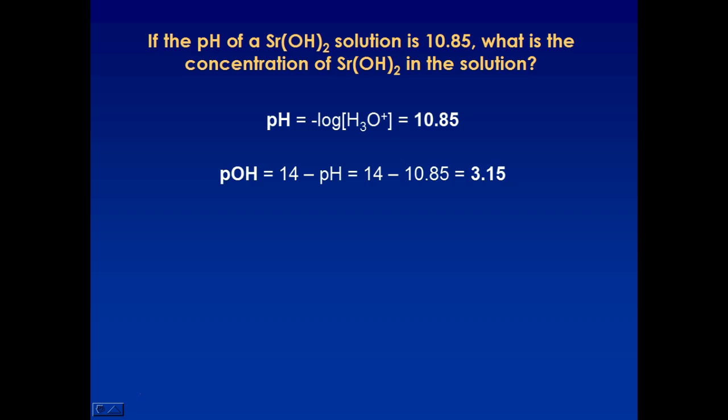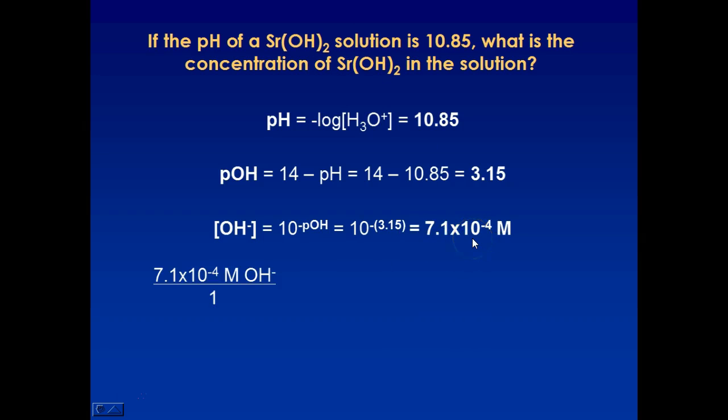And then I can use the pOH to find the hydroxide concentration, 7.1 times 10 to the negative 4. In strontium hydroxide, there's 1 strontium for every 2 hydroxide ions. So if this is the hydroxide concentration, I would need to account for the fact that there are 2 OHs for every 1 Sr(OH)2. So I would need to cut that concentration in half to get the true concentration of the strontium hydroxide solution.